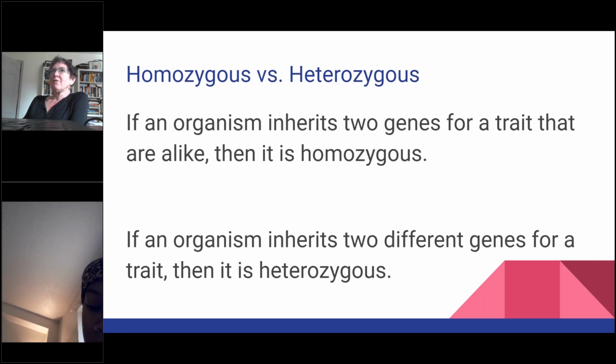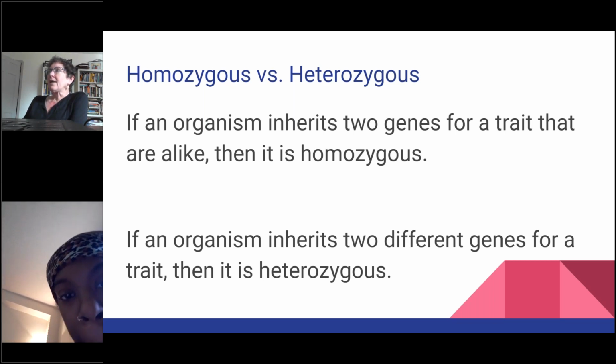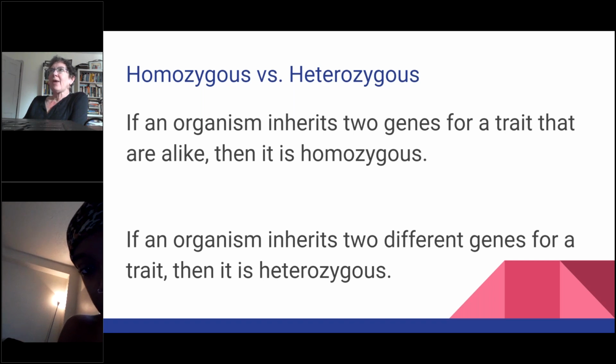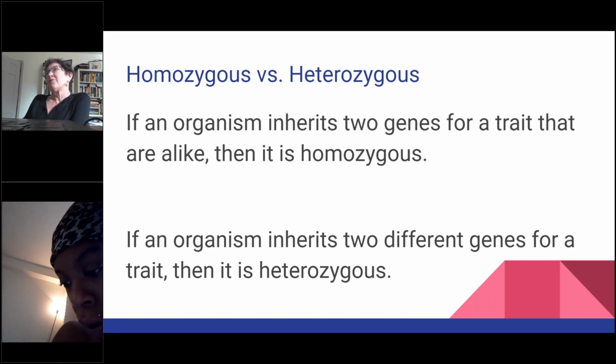So to give a very simple example, if you have a gene for being tall from your parents, that would make you homozygous for height, tall height. If you have, like apparently I did, my dad was really tall, my mother was really short, probably I'm heterozygous for height.